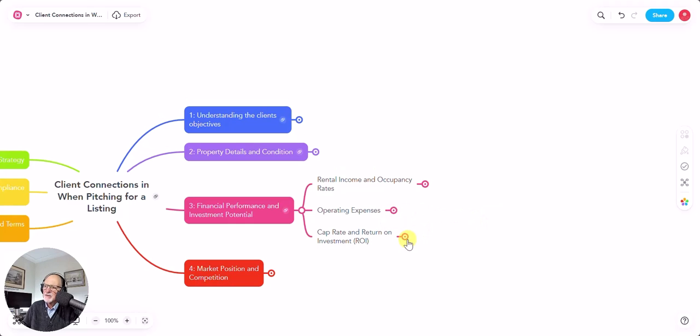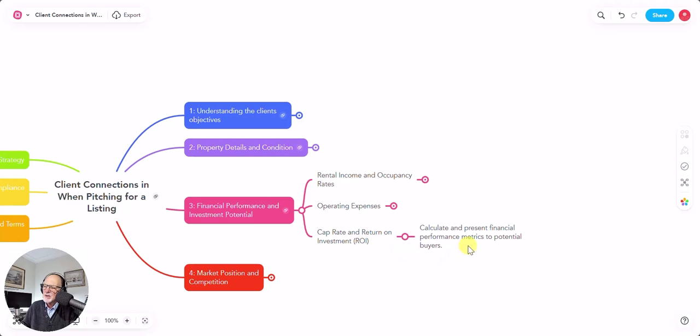And then next, you have to do a cap rate and return on investment analysis, which would be to calculate the present financial performance metrics to potential buyers. So a buyer is going to pay a particular amount of money for the property, given its elements, its attributes. And from that money, you can compare the money they're prepared to pay against the passing income stream for the property.